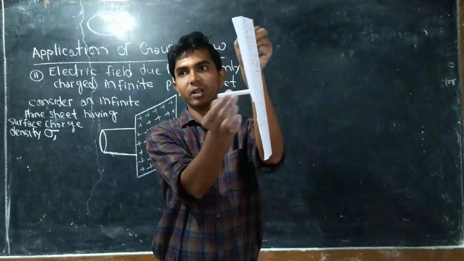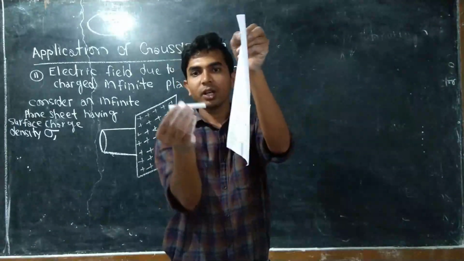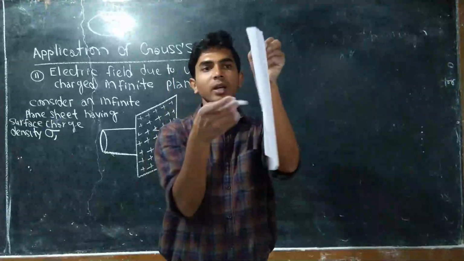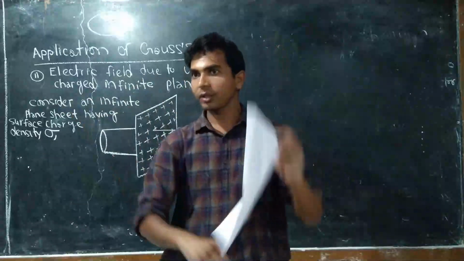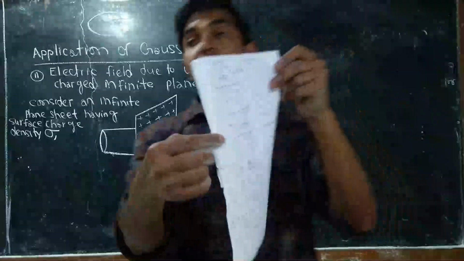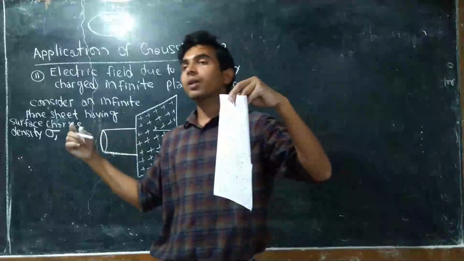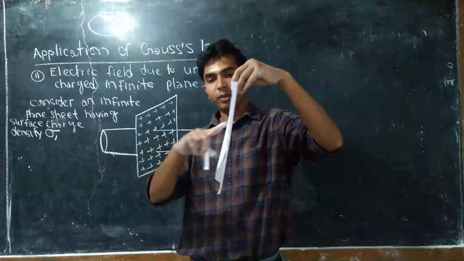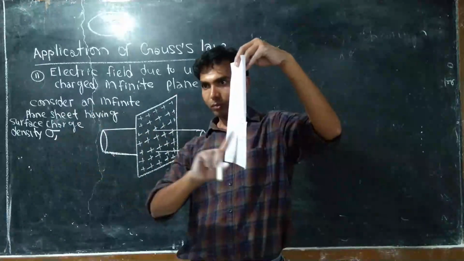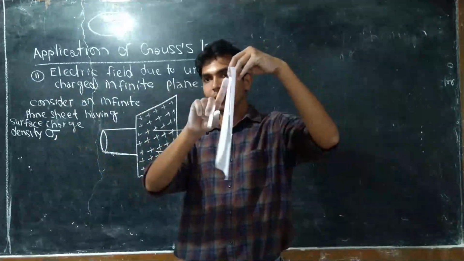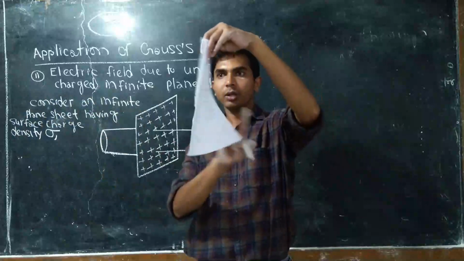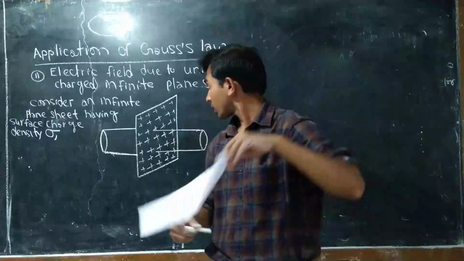It goes inside and comes out from this side, so half of the chalk is on this side and half on this side. And what about the electric field lines? The electric field lines come out from this surface like this, everywhere.